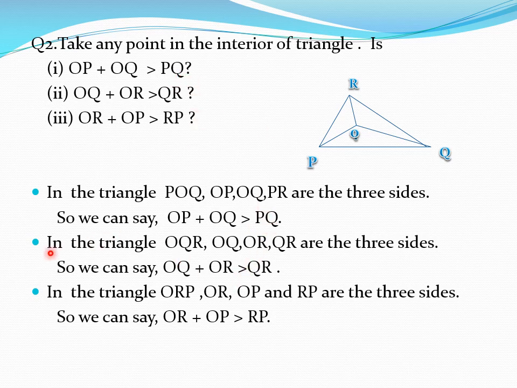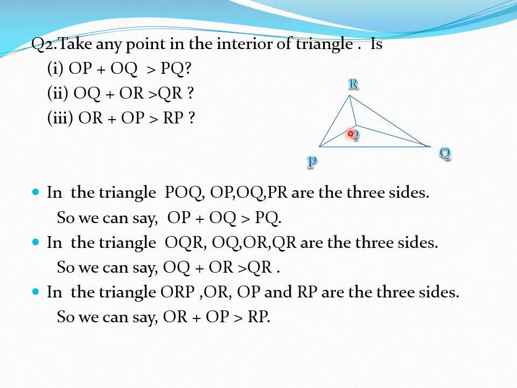Okay. Now in the triangle OQR, see here, this is based on the triangle OQR. OQ is one side, OR is the second side, and QR is the third side.